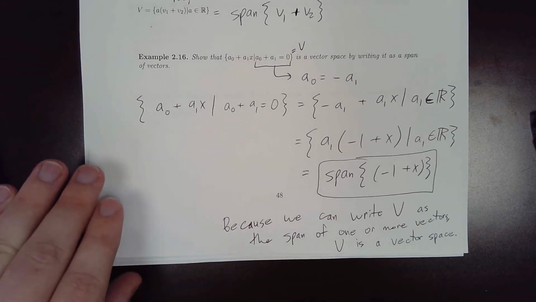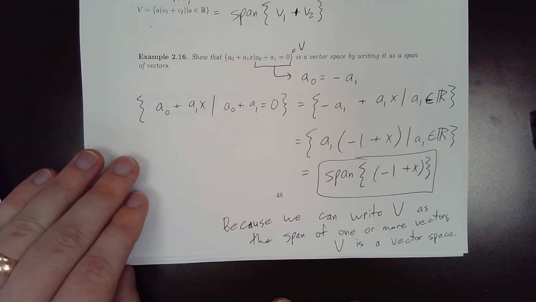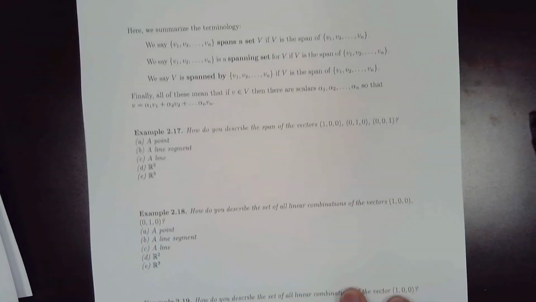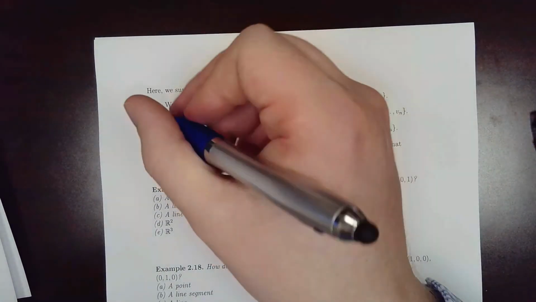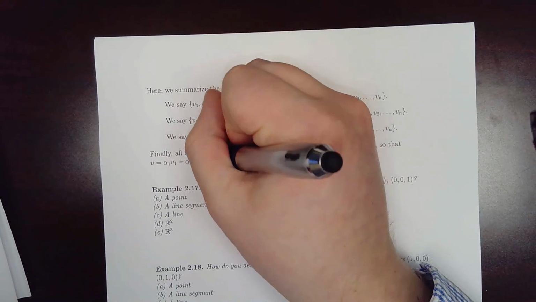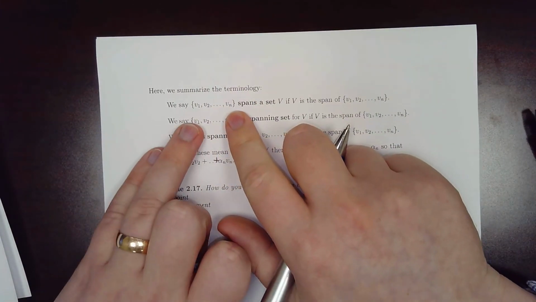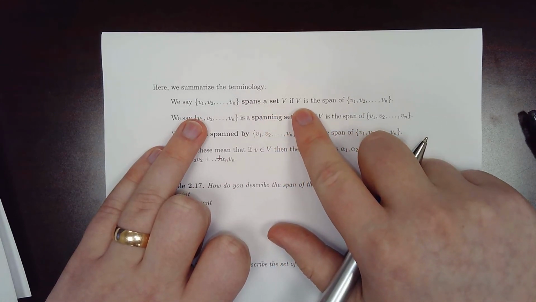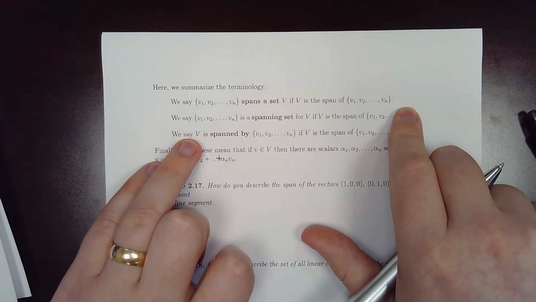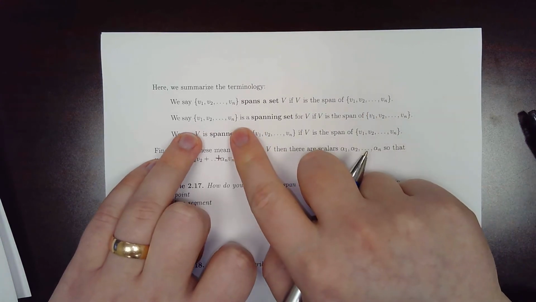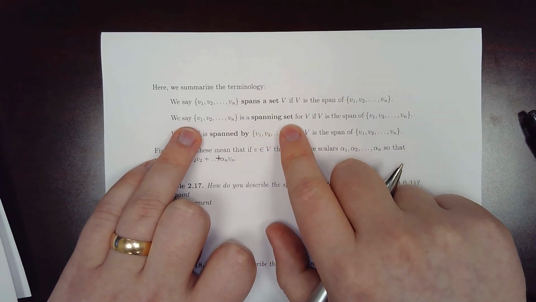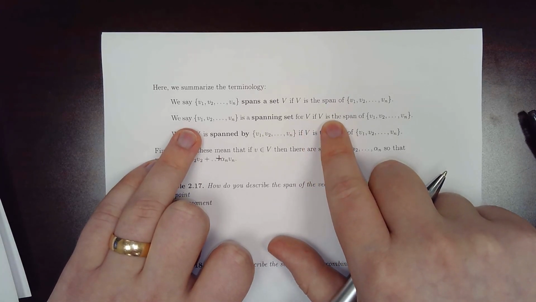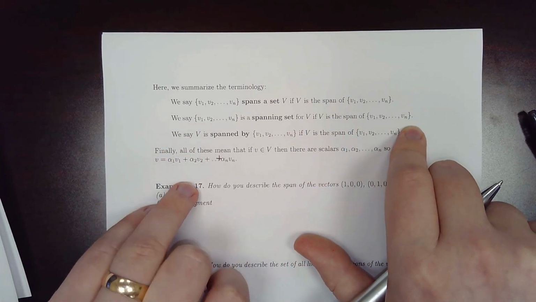So I know we've thrown around a lot of terminology up until this point. So let's try to straighten it all out. We say that the set of vectors v1 through vn spans a set V if V is the span of those vectors. We also say that that set is a spanning set for V if V is the span of those vectors.